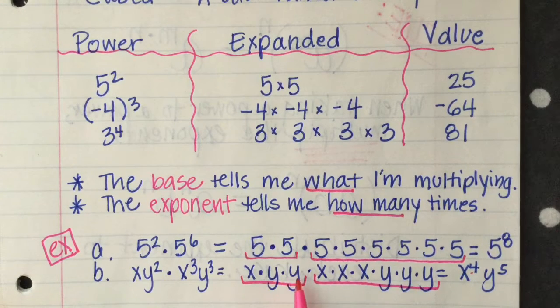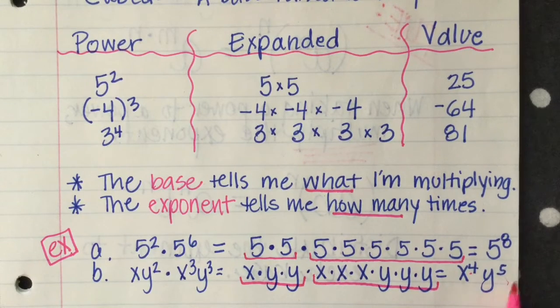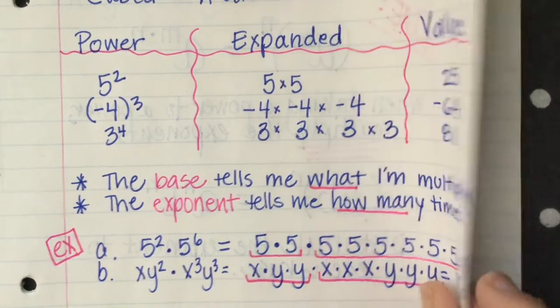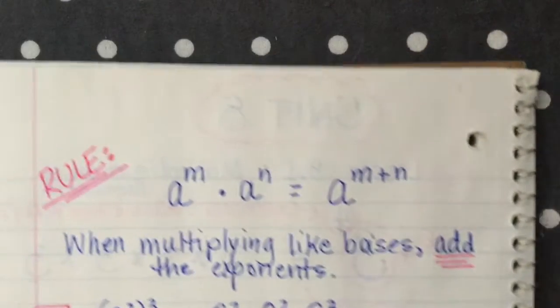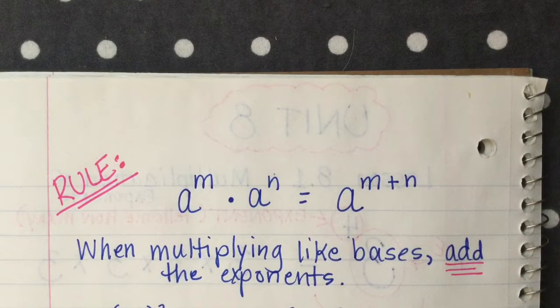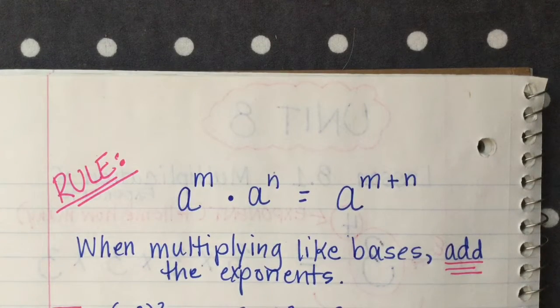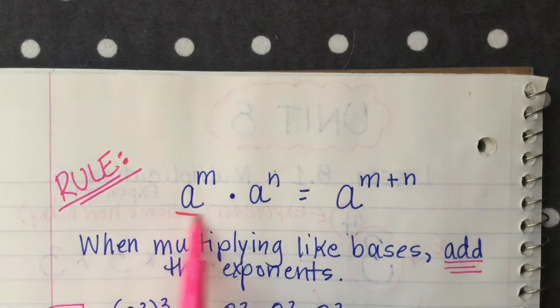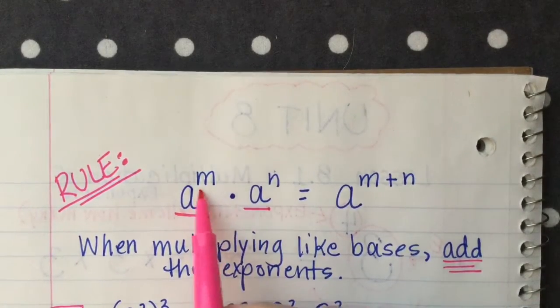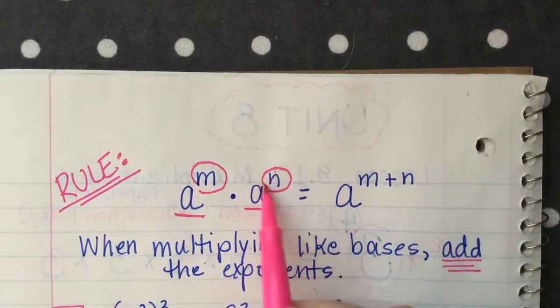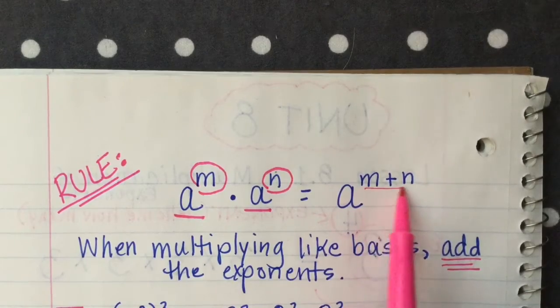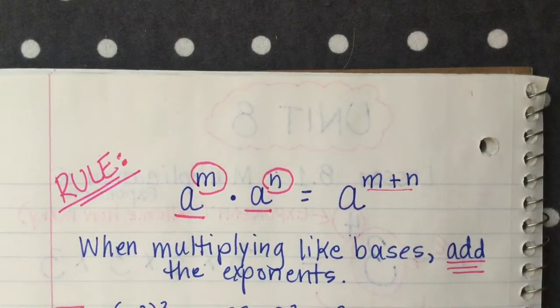And I have 1, 2, 3, 4, 5 of the y's, so y to the 5th. The rule that you just saw in action is that when I am multiplying like bases, so if my base is A, then all I need to do here is add up those exponents.